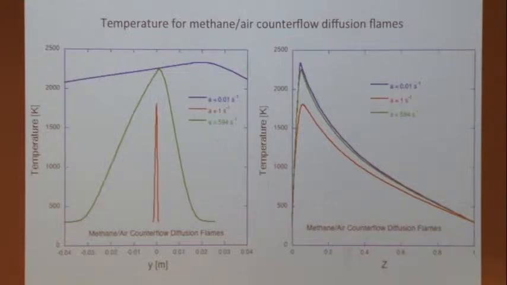Basically, for all the different cases here, the gradients are always the same. The dT/dz is roughly the same for all three cases, whereas here there's a huge change.